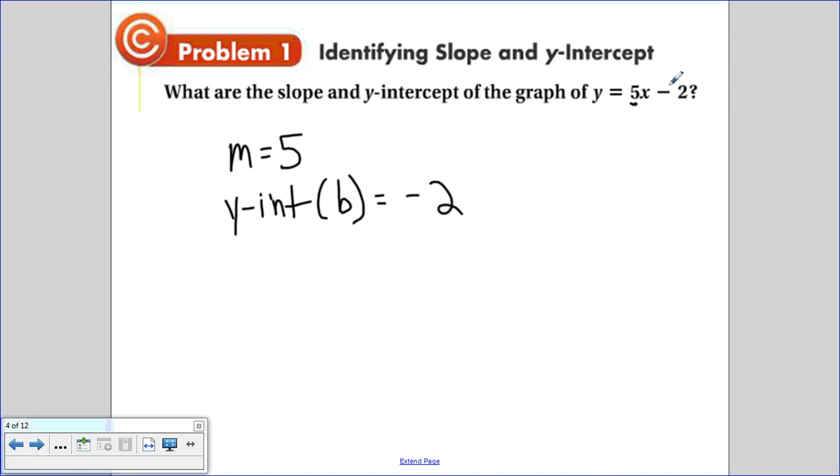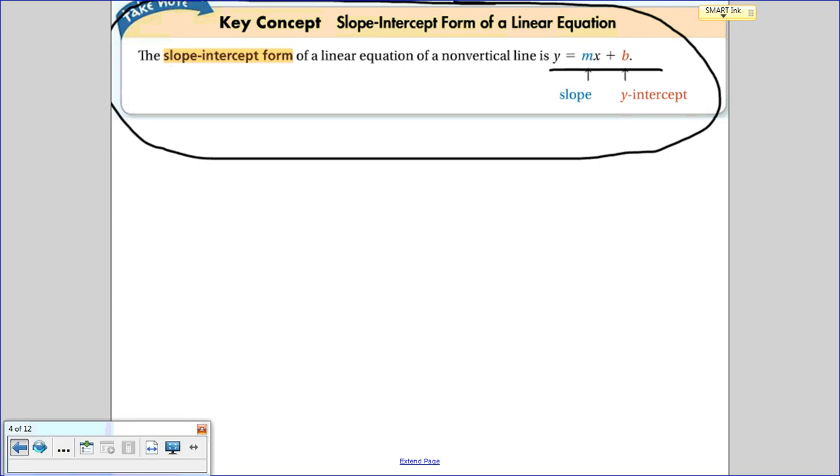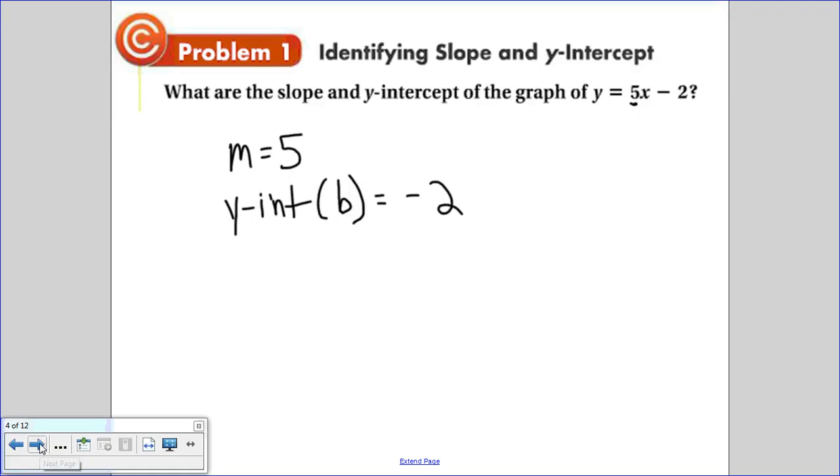The reason it's -2 is because this is supposed to be a plus sign, right? So if it's a minus sign, that means it's a negative y-intercept. So again, your m is 5, your y-intercept, which we'll refer to from now on as b, is -2. Remember, m is your slope.